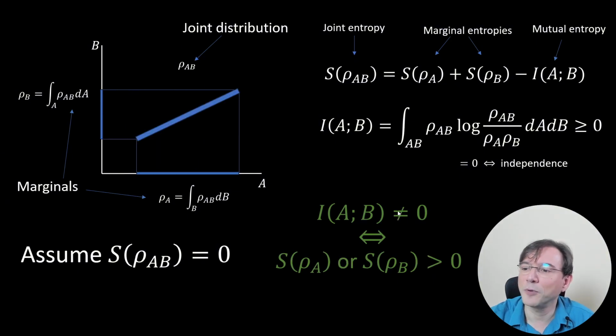But suppose now that we have a mutual entropy, that these are not independent, so that this number is now negative. You have minus something. And for this to be 0, one of the two has to be greater than 0.